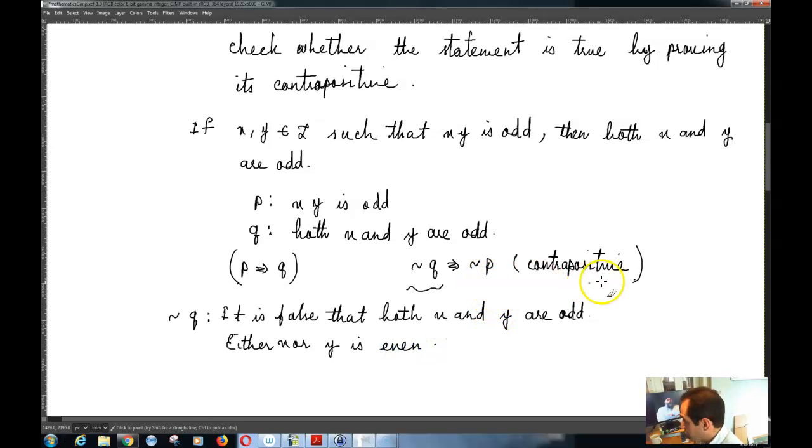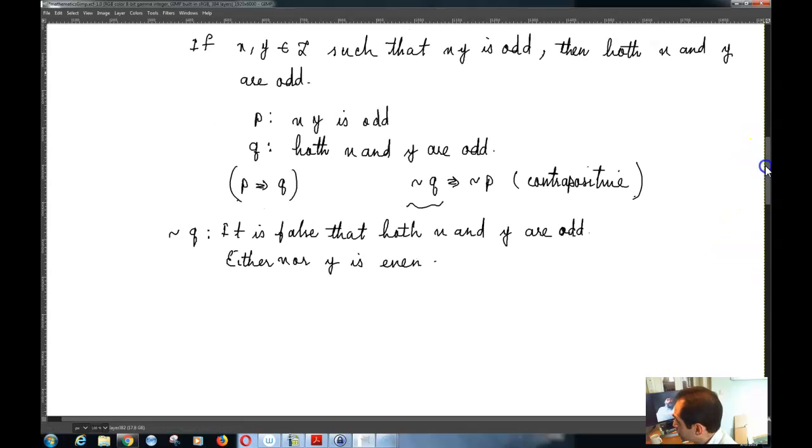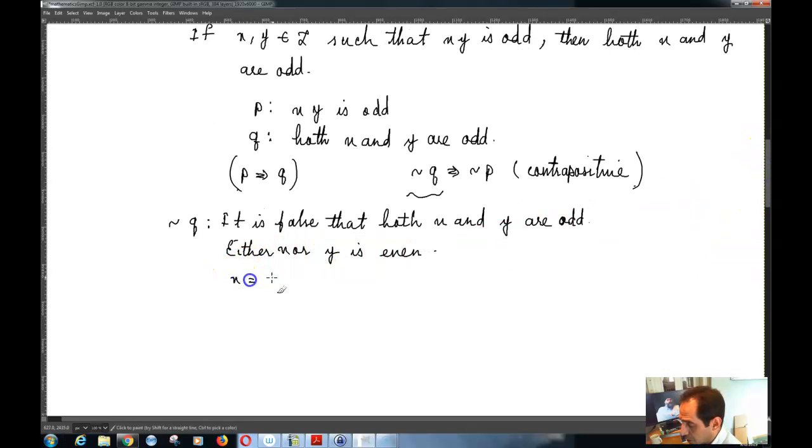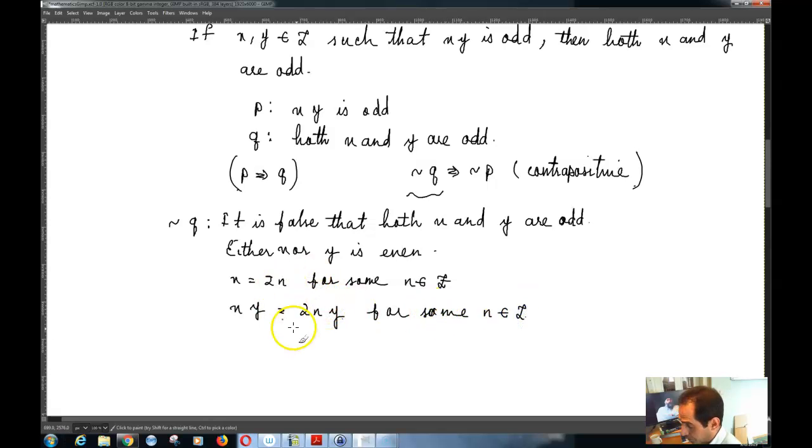So then x is equal to 2n for some integer n. You can write x as 2n for some n belonging to the set of integers. And therefore x times y is equal to 2n times y, for some n belonging to the set of integers.